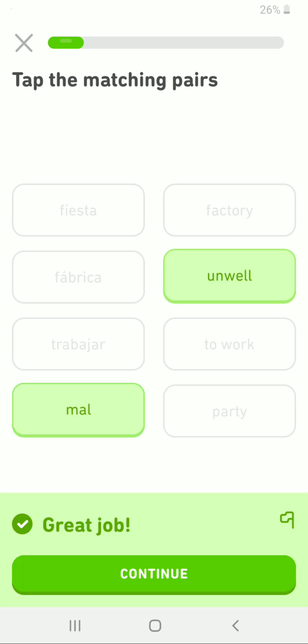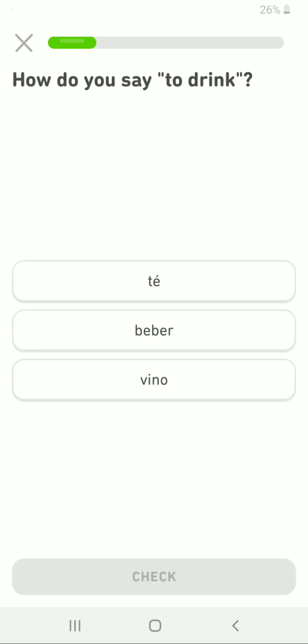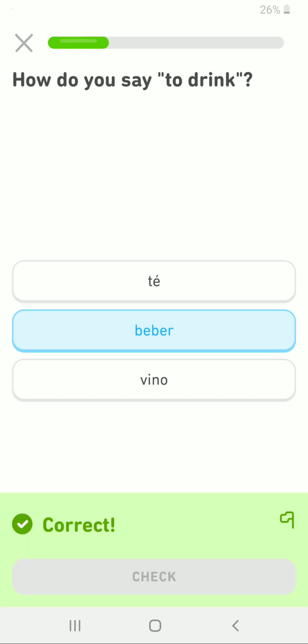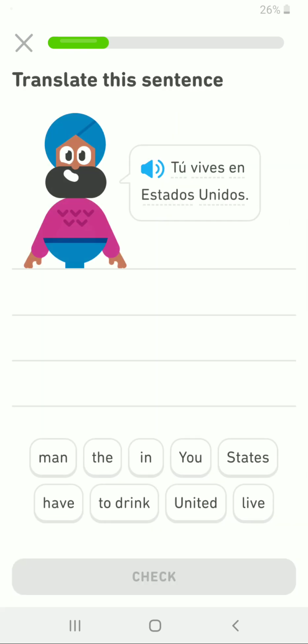Mal, it's unwell. Okay. So to drink, beber. Vino. So we have jugo, agua, leche, vino. What else can we do? Té, café.